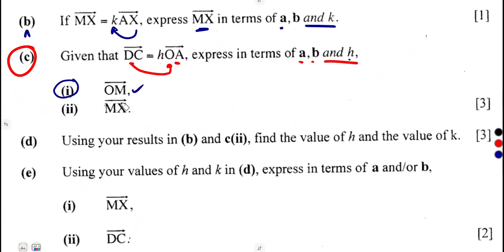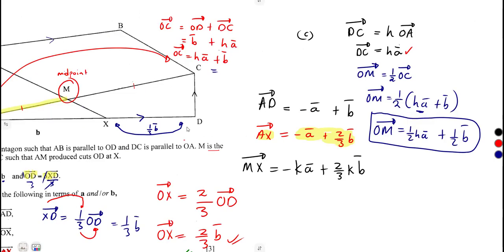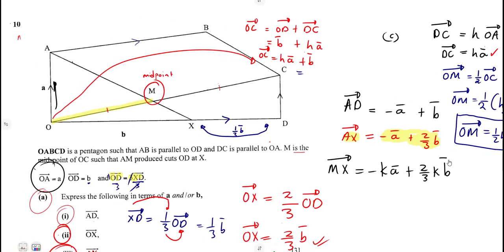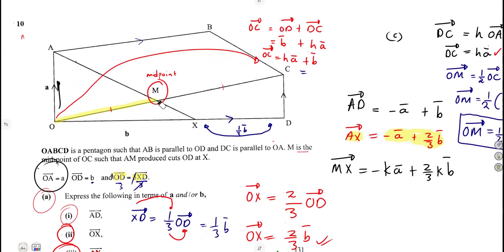All right. Then after that, we need to find MX. After OM, we need MX. So let's find a route to determine MX.